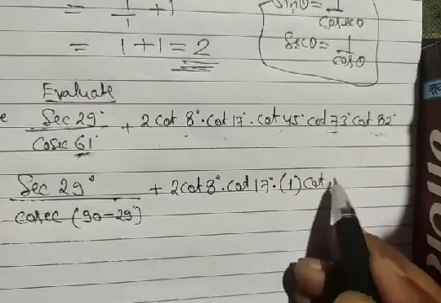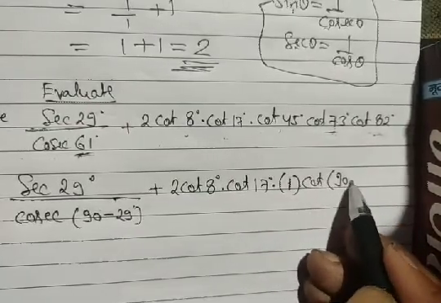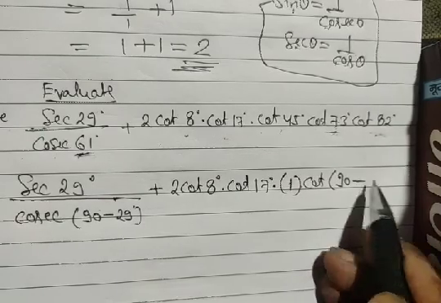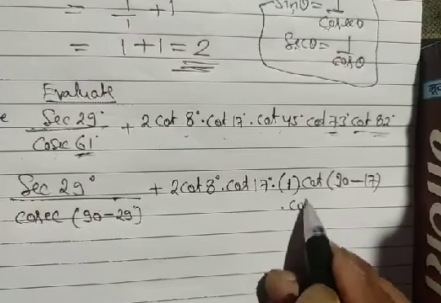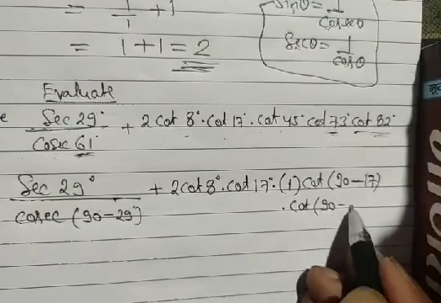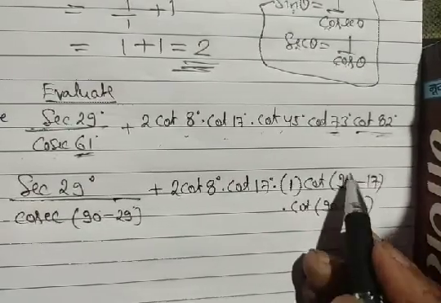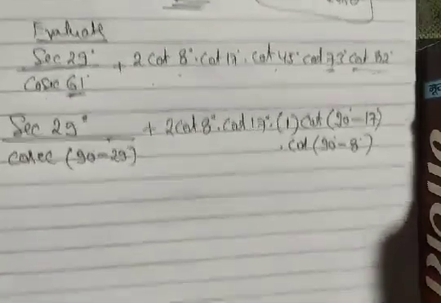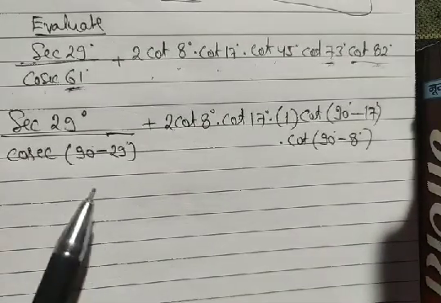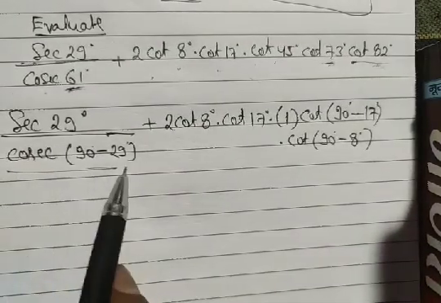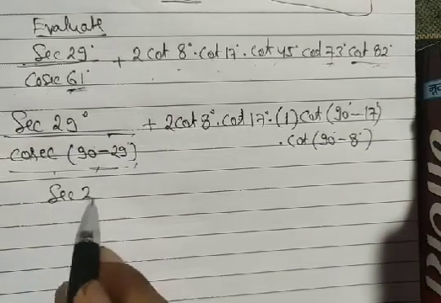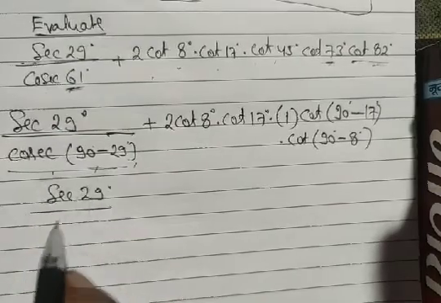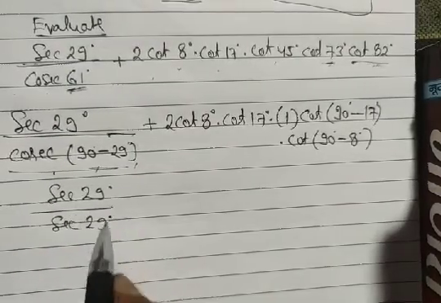Now cot 73 can be written as 90 degrees minus 17 degrees. Then into cot 82, which can be written as 90 degrees minus 8 degrees. Now we use our complementary formula. What is the value of cosec 90 minus 29? Cosec 90 minus theta is sec theta, so here it is sec 29 degrees. This is also equal to sec 29 degrees.